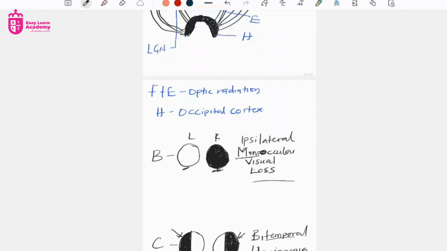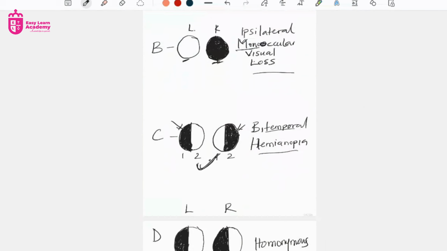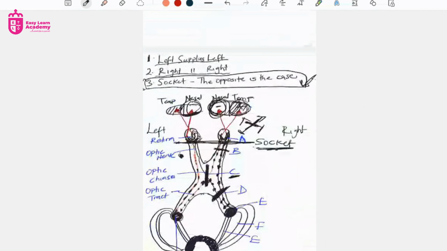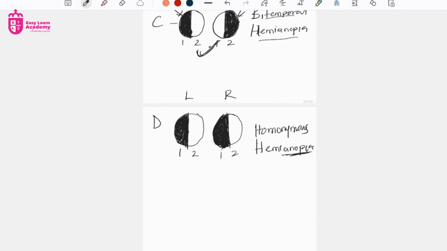And because of where the lesion is, the lesion is on the right side. Where are the problems? They are on the left side. Can you see? Left. But the lesion is on the right. This is where contralateral comes in. So someone will say this is a contralateral homonymous hemianopia.